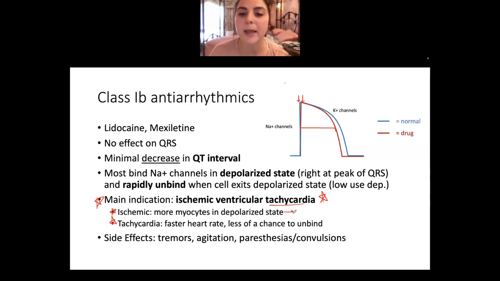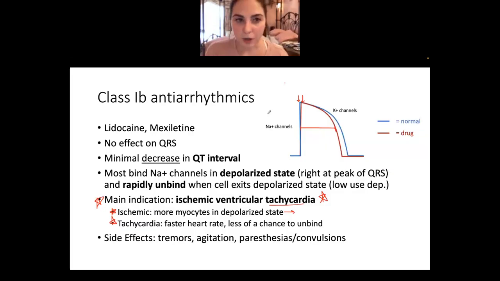So think about them being closer to the action potential threshold. So instead of being at like -65 or -85, I don't even remember what it is, they're closer to like -40 or whatever it is for depolarization. It's just a function of truly ischemic cells already being closer to a depolarized state.